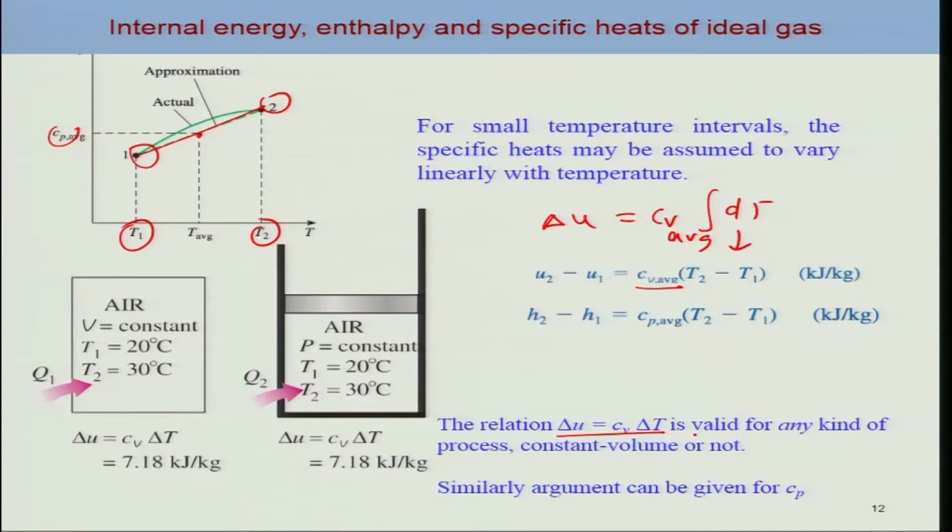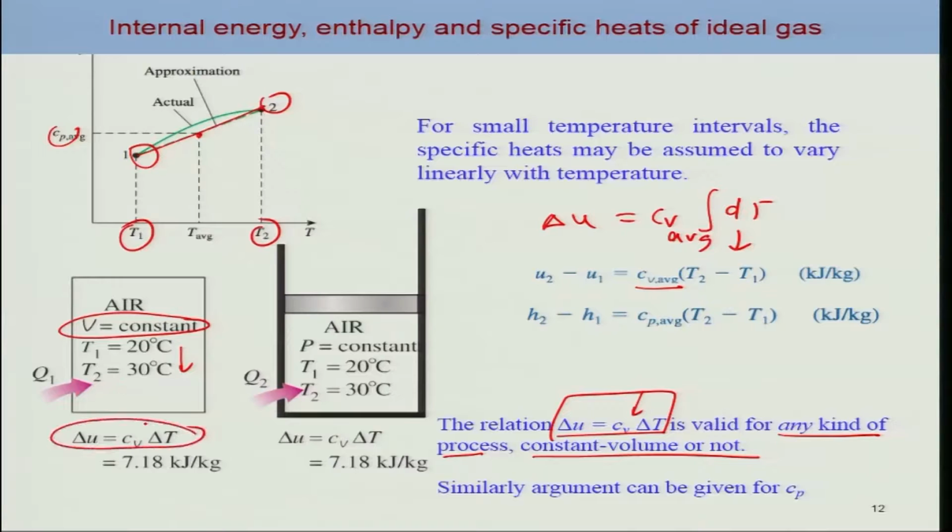This relation is valid for any kind of process. It need not be constant volume. This expression requires that we use the specific heat at constant volume, but it is true whether the process is occurring at constant volume or at constant pressure. For example, in this case the volume is constant, and the temperature is changing from T1 to T2 by providing some heat.